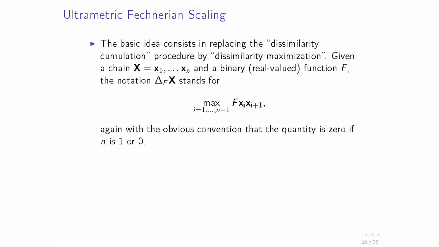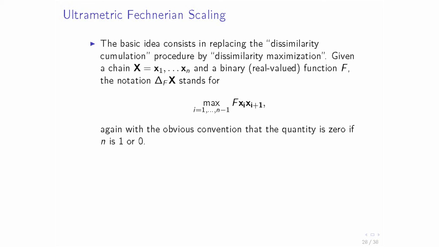So given a chain and a binary real-valued function f, we use this delta notation here to define the maximum element in a given chain, again with the obvious conventions as stated here.